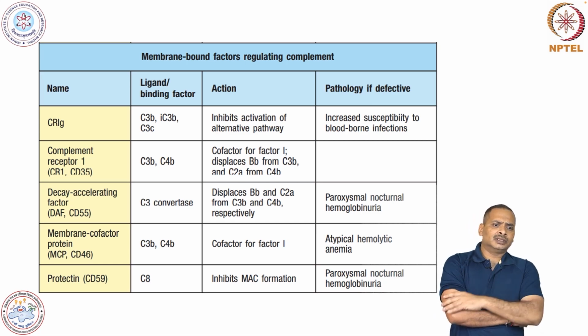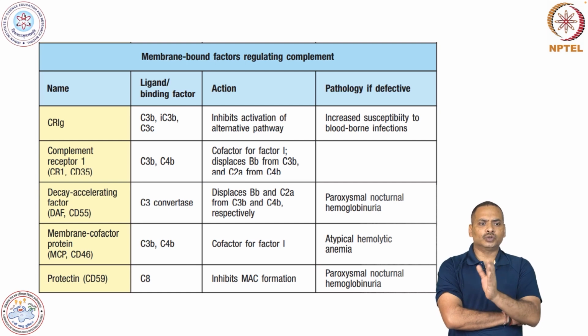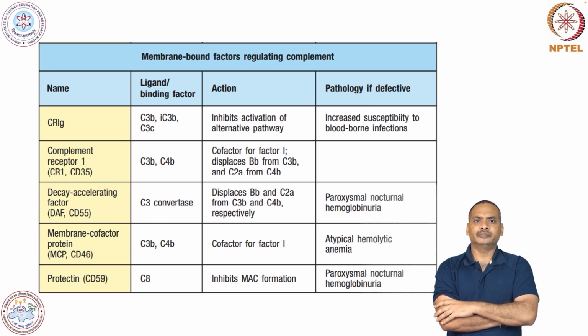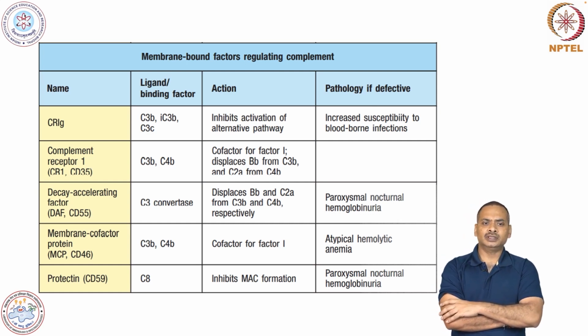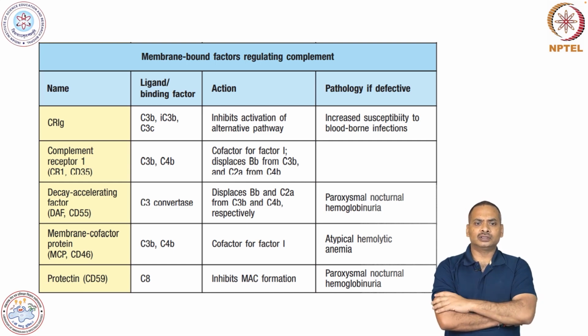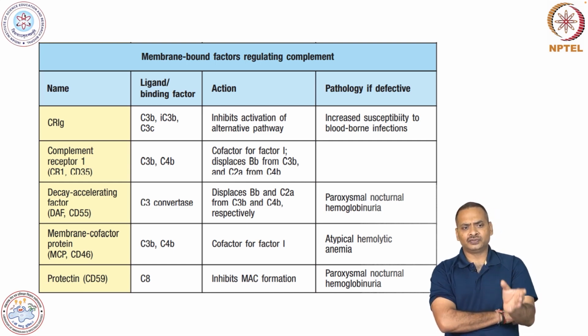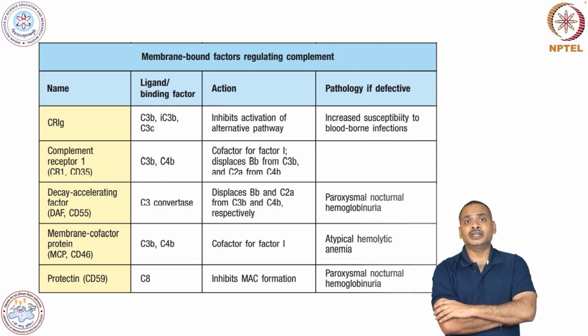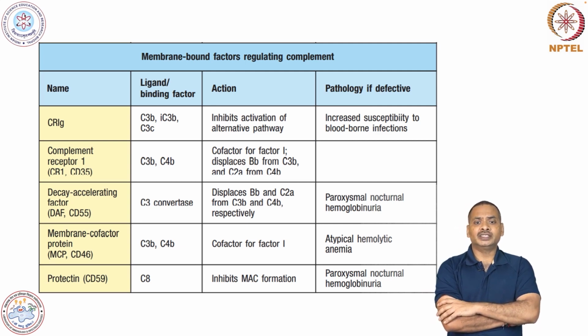There is another membrane bound factor, membrane cofactor protein, that is MCP or CD46, which interacts with C3b and C4b. Its action is as a cofactor for factor I, and if there is a deficiency of this factor, that will result in atypical hemolytic uremic syndrome.